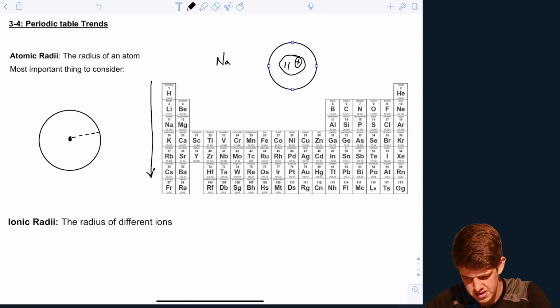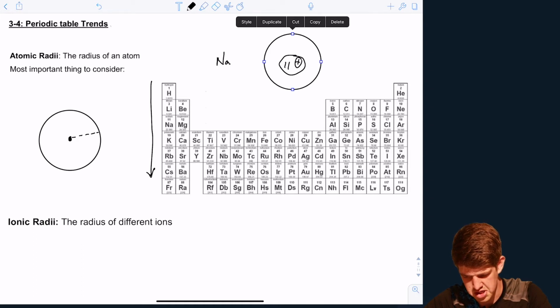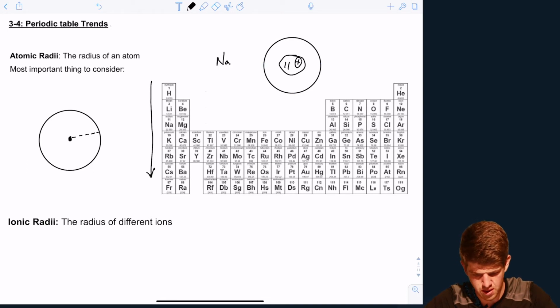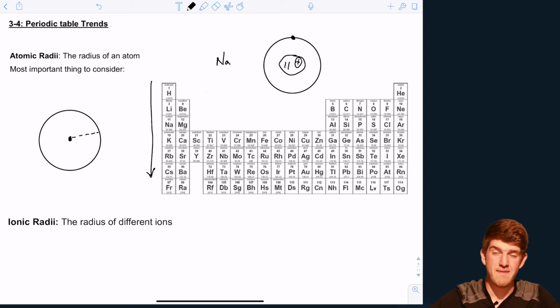And then here are some of my electron shells. Actually, let's just draw only the outermost shell. On that outermost shell, it has one electron right now. Now, I have a positively charged nucleus and one electron on this shell.